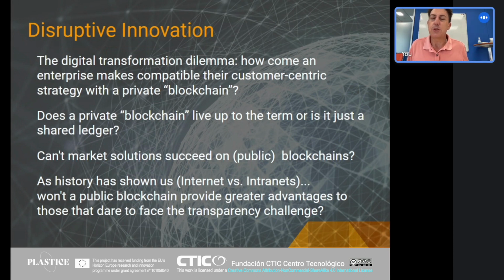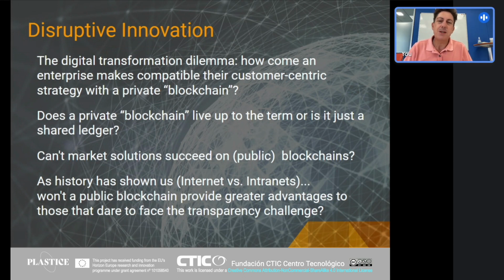Then why do you use a blockchain? Or some people say that okay, shared ledgers or this consortium can do what the public blockchain can do. Well, let me doubt it in some cases. And some people say that market solutions cannot succeed on public blockchains because they do not want to share information with other people, or commercial secrets, or something like that.